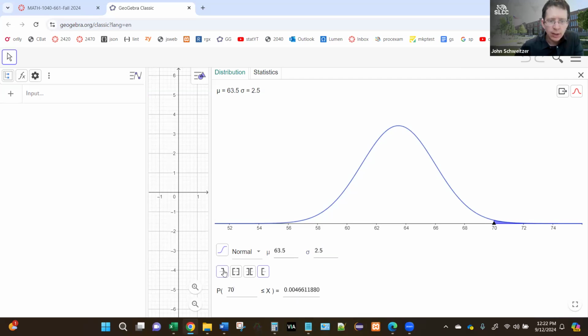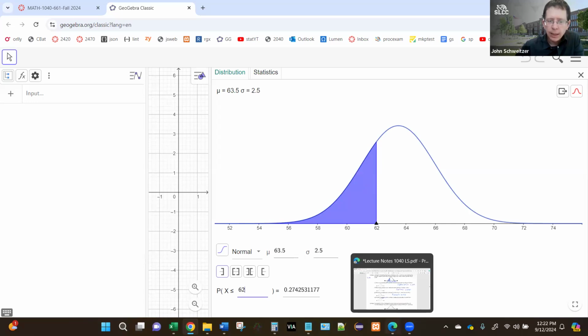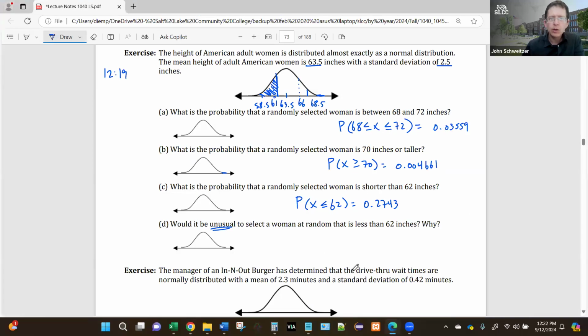Shorter than 62, so we go less than. And there we go. We get a pretty good chunk of the population is shorter than 62 inches. Not a majority, but more than a quarter. And then finally, would it be unusual to randomly select a woman who is less than 62 inches? Anybody have that one? Would that be an unusual event? No, because it's more than 5%. Perfect, Armand.